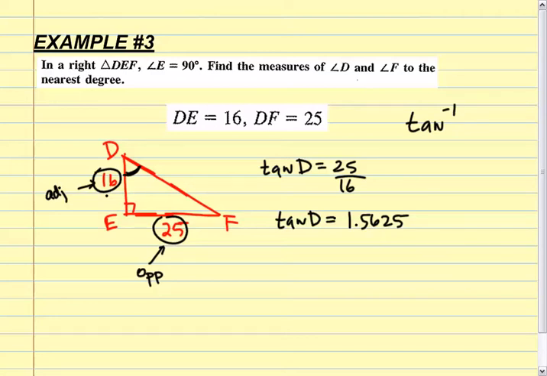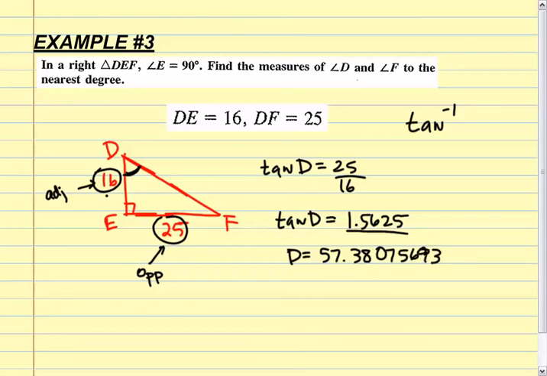So let's do second pi. Keep going down till you get to tan^-1 and hit enter. You don't have the angle, so you type in the value, 1.5625, and hit enter. And I'm going to get D is equal to 57.38075693.